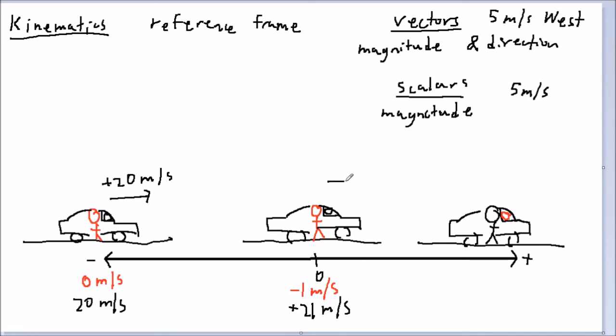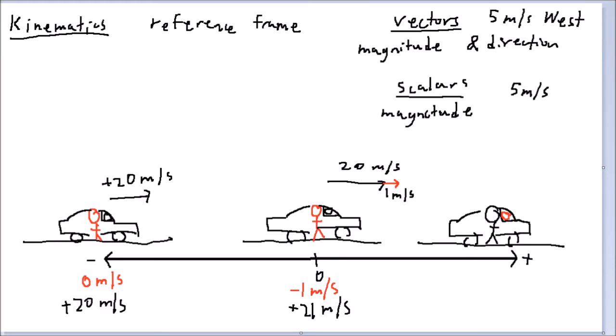Because the car is moving this way at 20 meters per second, and then there's also the added velocity of you moving at 1 meter per second that adds to the observed velocity of the car. So this extra bit is going to be 1 meter per second. We add these together and we get an observed 21 meters per second. I'm going to put a plus here, to specify that this is in the positive direction.